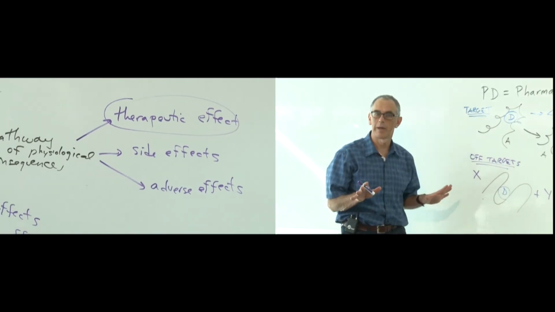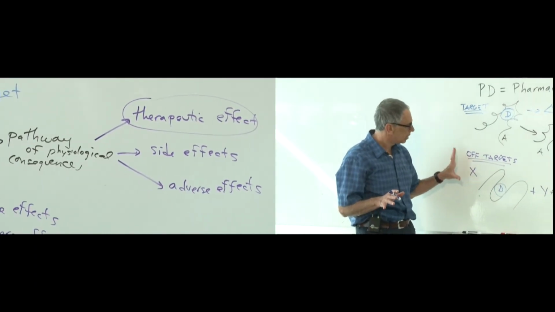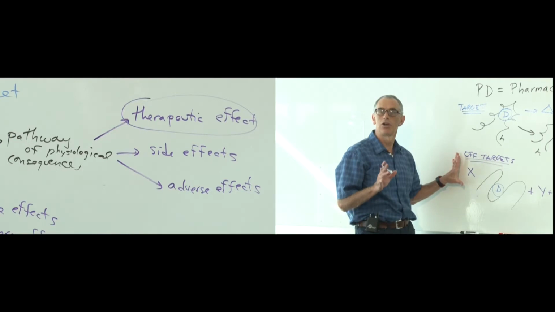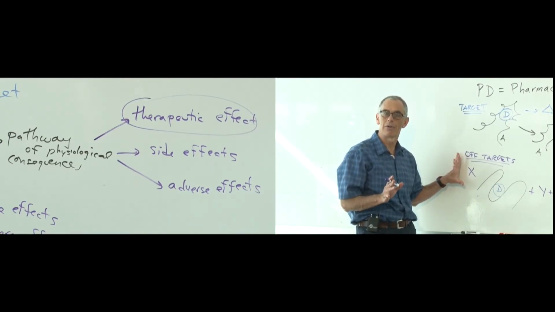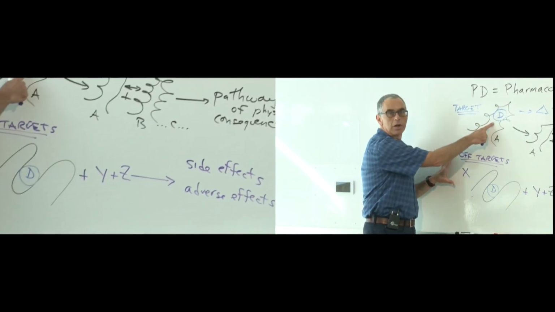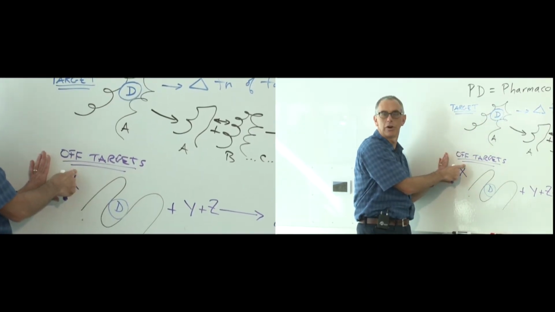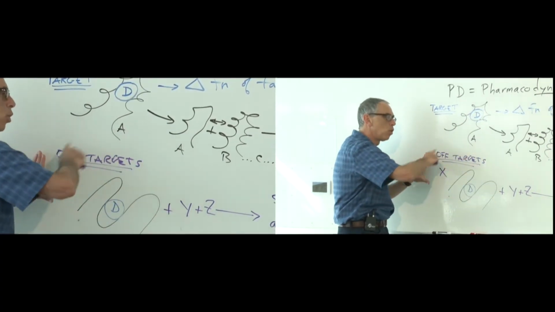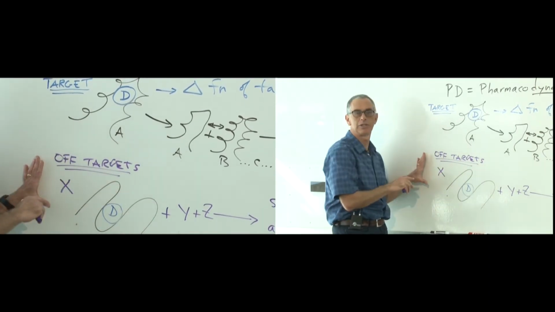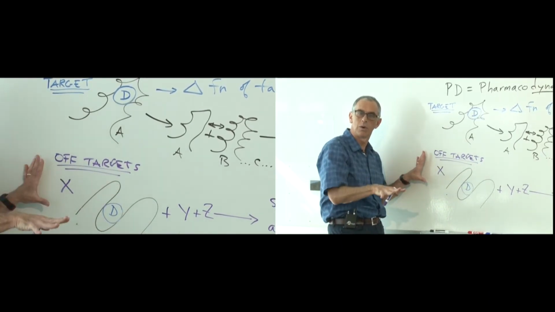This is important in pharmacology because these off-target effects could potentially be engineered out by changing the drug so that it binds the target but no longer binds the off-target. So you can maybe work with these side effects and adverse effects to get rid of them or to lower them.